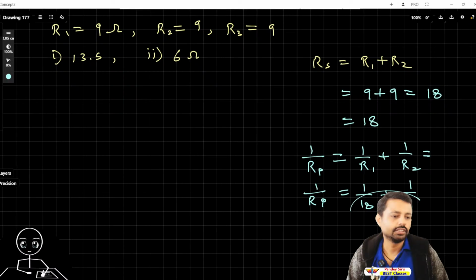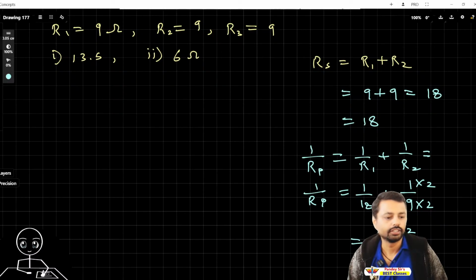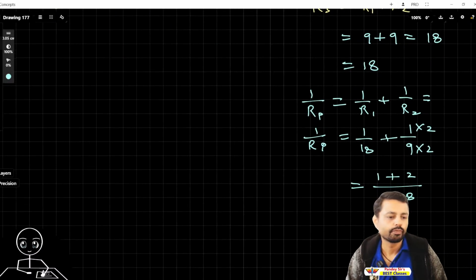Now, since these are different, we just need to take their LCM and we get 1 plus 2 by 18. That's 3 by 18. Now, 1 by Rp equal to 3 by 18.